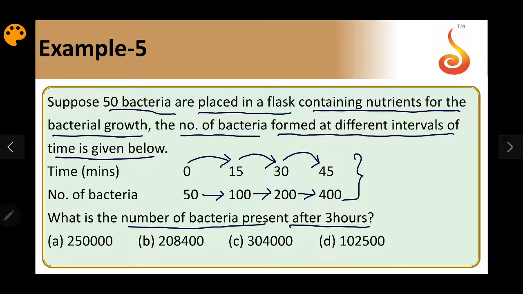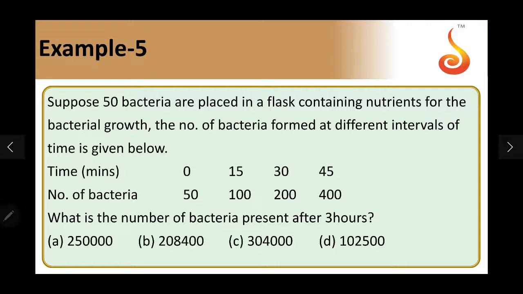That 15 minutes, in case of bacterial growth, similar to half-life in a normal chemical reaction, is called the generation time. So generation time is the time required by the bacteria to double its number. Here the generation time is 15 minutes and they're asking for 3 hours.